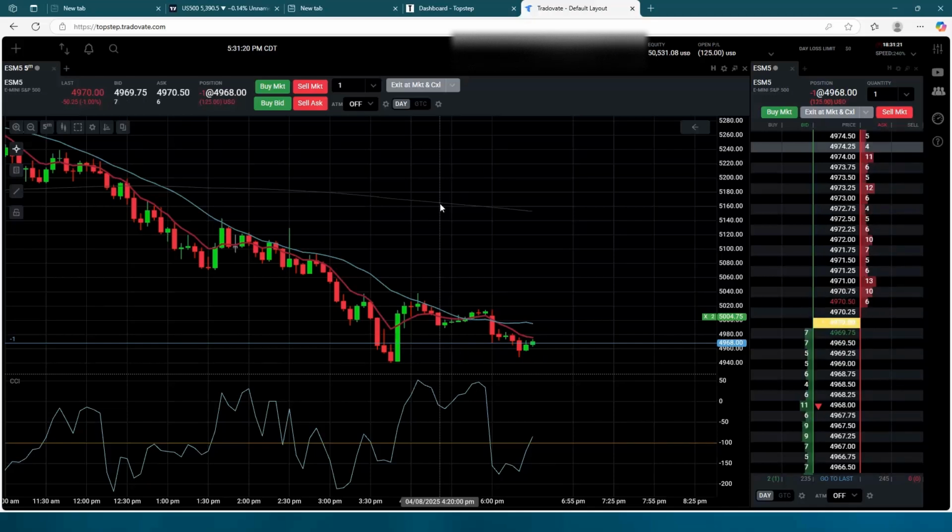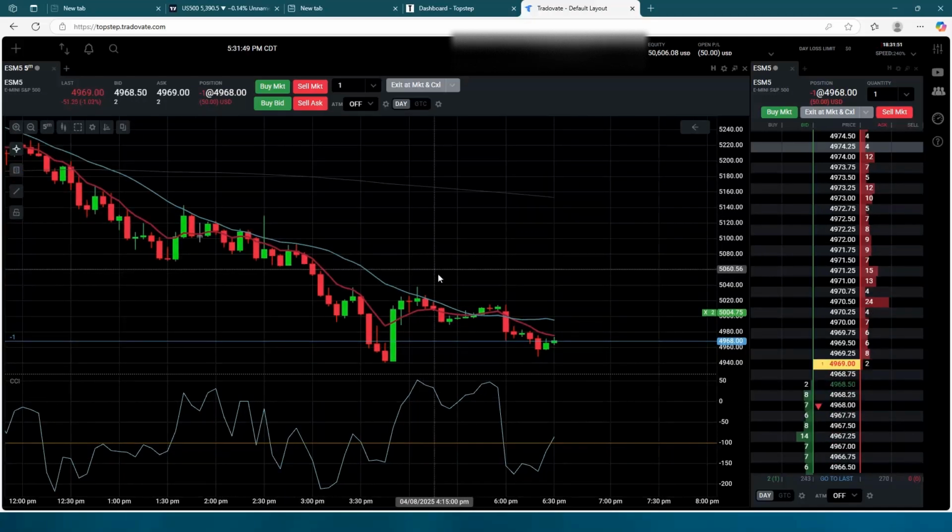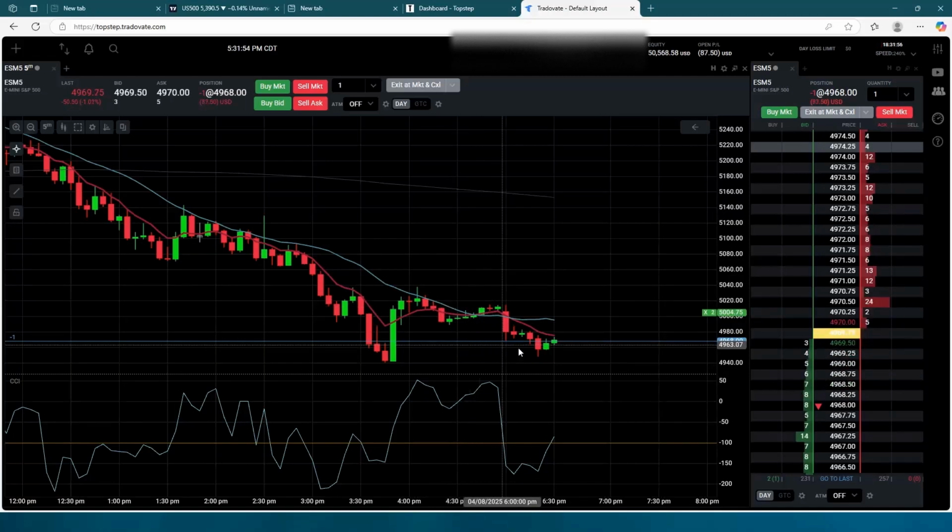So what would trigger me to get out of this market? It depends on a few things. So the first thing that I would do to get out of the market is if, for example, price action or the candles close above the 8-period EMA.